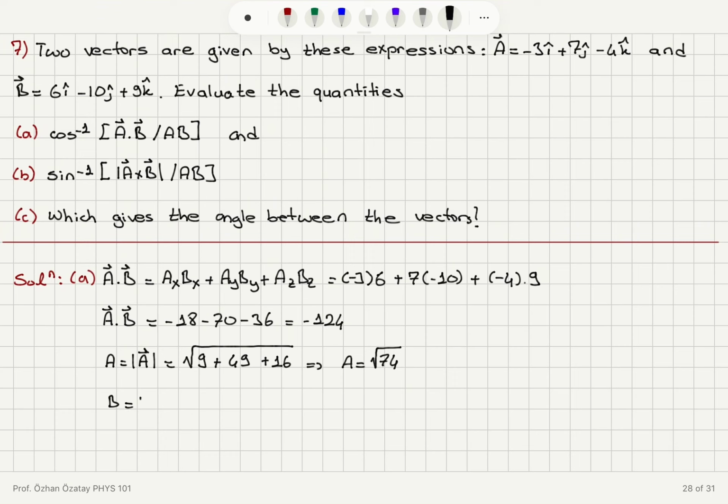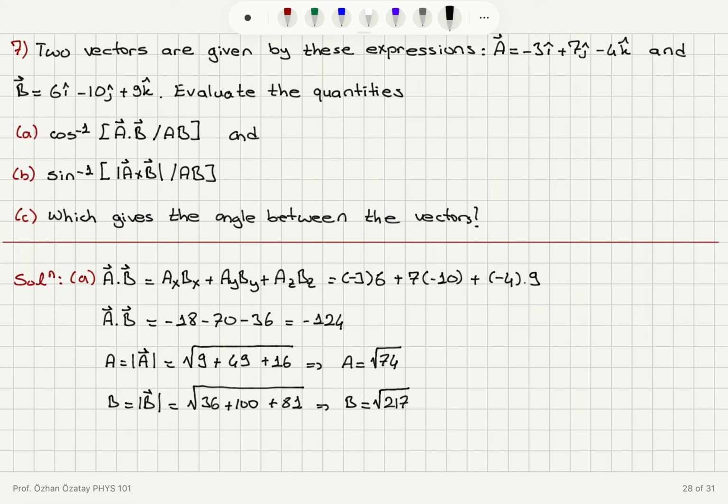The magnitude of vector B is the square root of bx squared 36, by squared 100, bz squared 81, which is square root of 217.